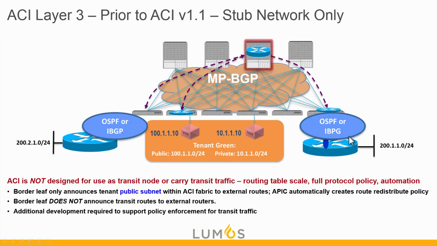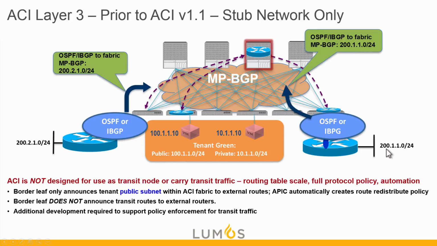But at the time, the border leaf did not announce transit routes. So essentially, if you're working on an ACI 1.0 version, and you are learning, let's say, the 200.210/24 prefix via OSPF or IBGP, and over here, you're learning from the right the 200.110/24, then we're not going to advertise the 200.110 prefix, but we would advertise that internal public, the 100.110/24.